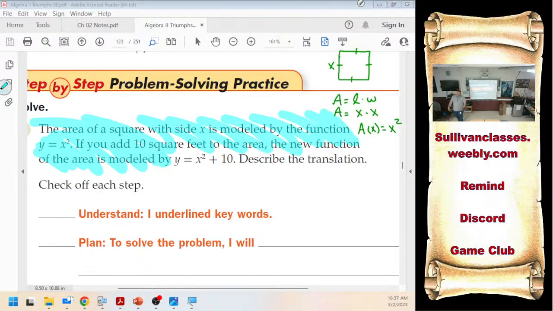They just said y equals x squared plus 10. Describe the translation. So, is it inside or outside the grouping? So is that up, down, or left, right? Okay, so this is up, down. I go look at my arrows and they say positive is up, negative is down. So my translation will be 10 units down.